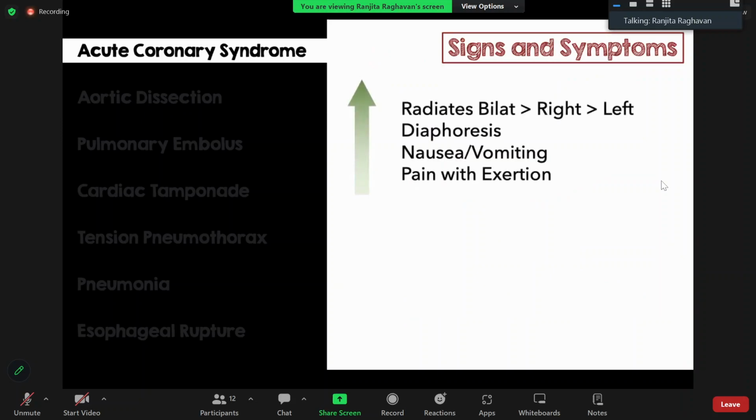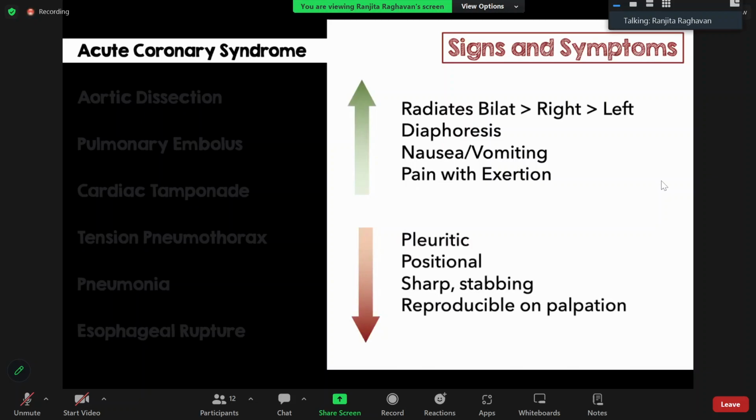Now, I think we all know that certain signs are more likely and less likely, but thinking about that will help us figure out where on our differential these dangerous things are.